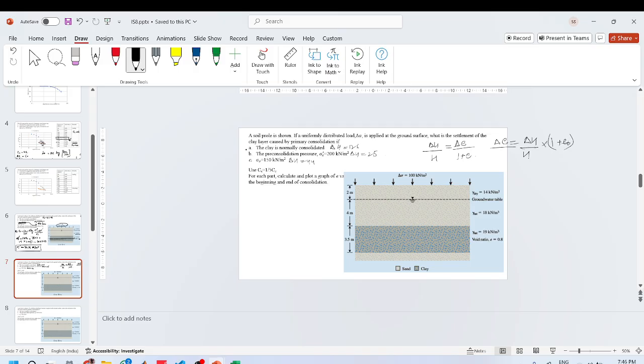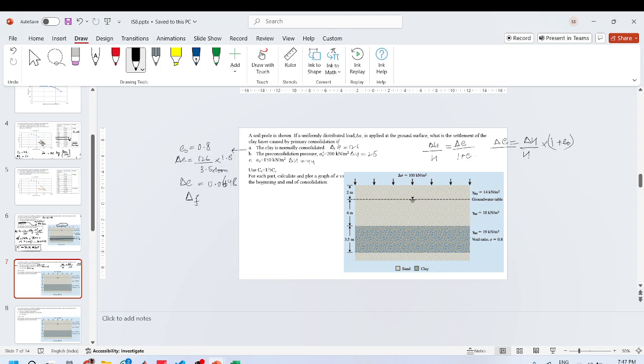Okay, so case 1 we had E naught as 0.8, delta H was 126, delta E will be 126 over 3.5 into 1000 into 1.0648.